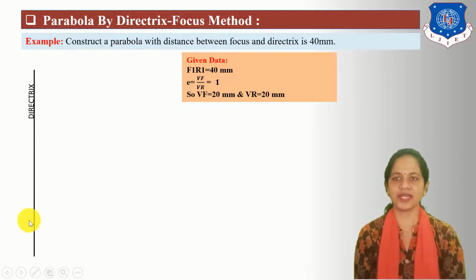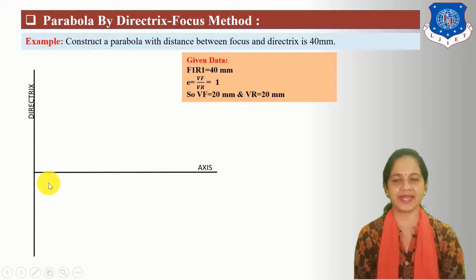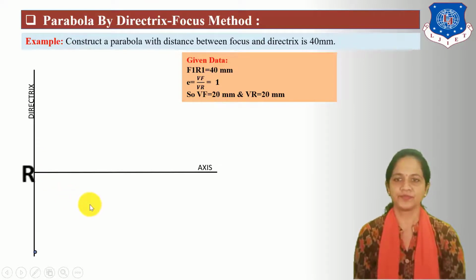First draw a vertical directrix. Next draw a horizontal axis which is perpendicular to the directrix. Mark the R point on the directrix. Next mark the V point. The distance RV is equal to 20 mm.